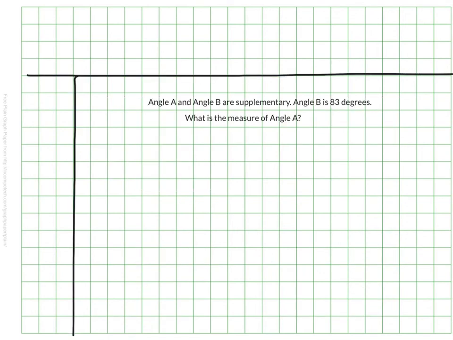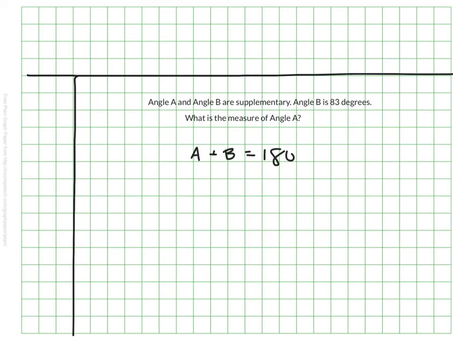And just as we saw with our complementary angles, we can also do supplementary angle calculations without a visual. If we know that angle A and angle B are supplementary, and angle B is 83 degrees, we can quickly find the measure of angle A. Since they are supplementary, they add up to 180 degrees, so A plus B is equal to 180 degrees.